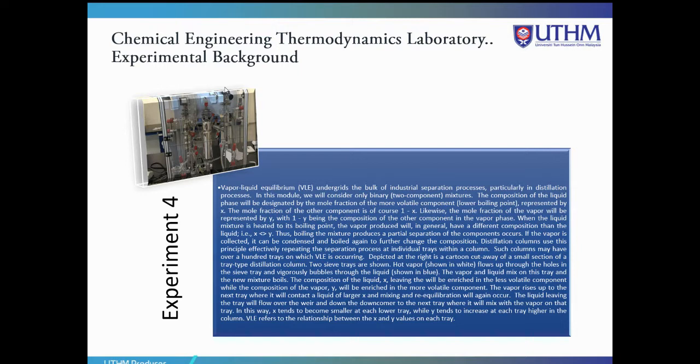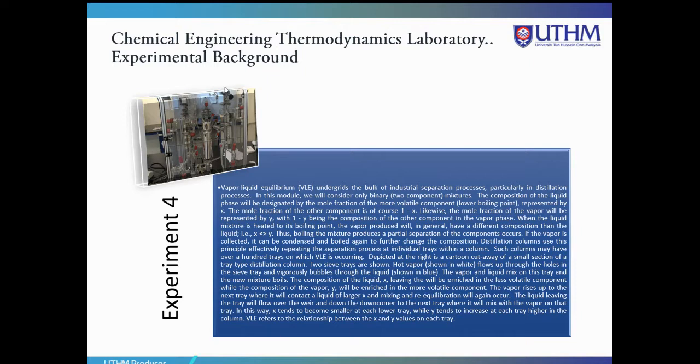The composition of the liquid phase will be designated by the mole fraction of the more volatile component, referring to the lower boiling point, which is represented by X. The mole fraction of the other component is of course 1 minus X. Likewise, the mole fraction of the vapor will be represented by Y, with 1 minus Y being the composition of the other component in the vapor phase.